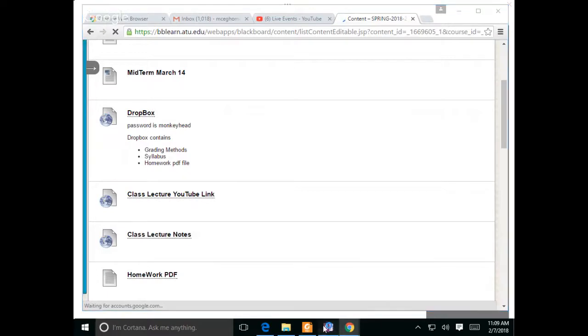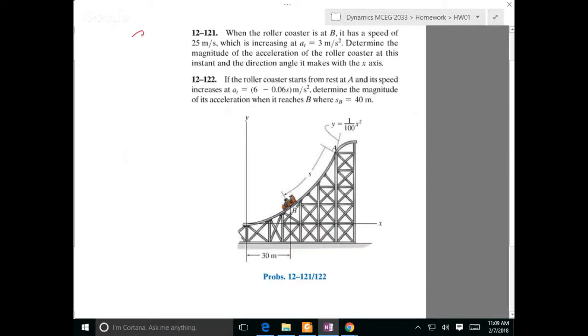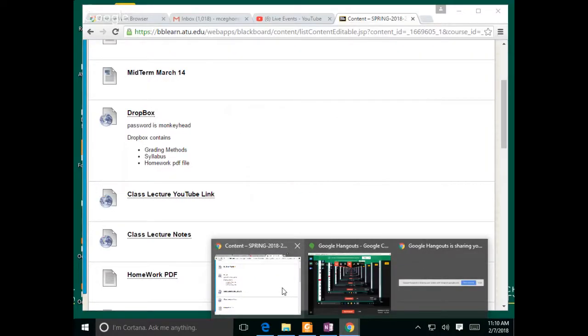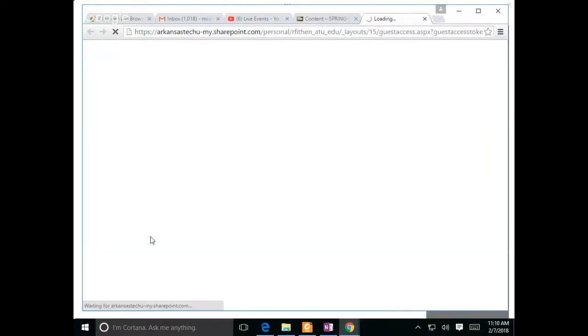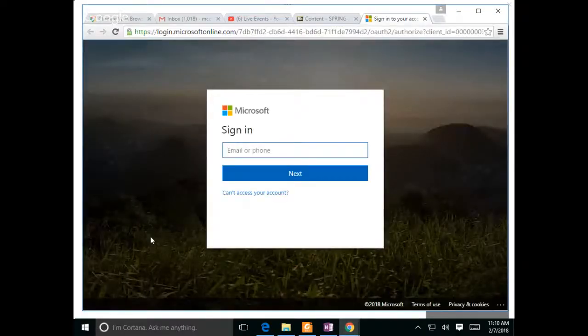So I'll just show you if I start working something, just to let you know that it's over there. Hang on. It takes a second or two to sync, but you should be able to hit class notes. It probably will make you use your tech login.